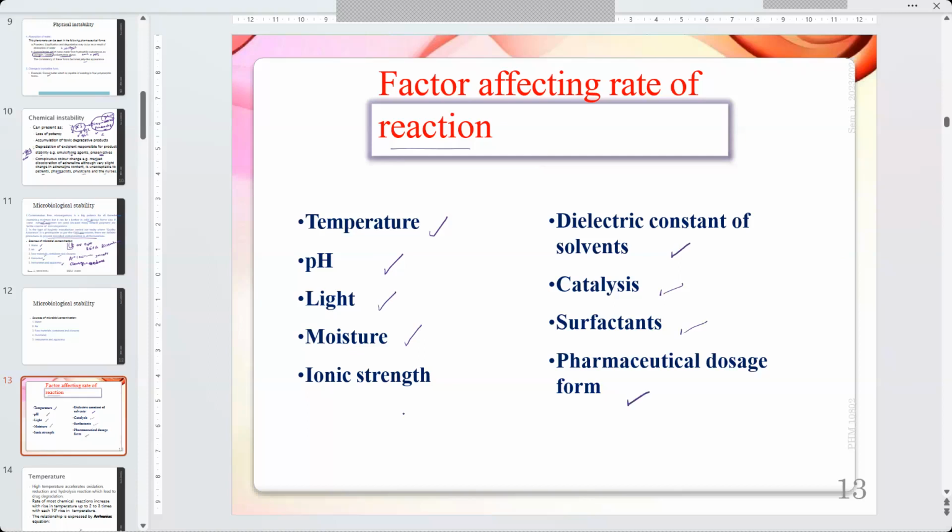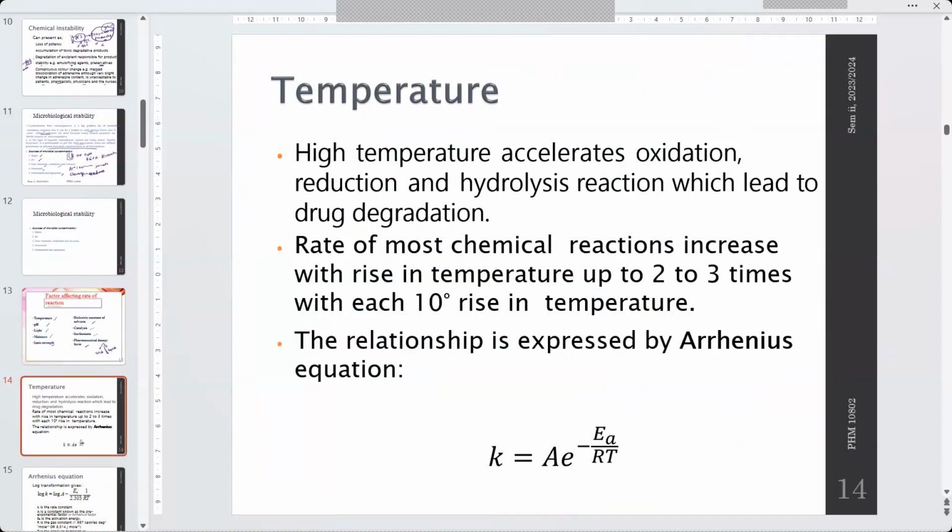Also the type of dosage form, whether it is solid or liquid, and for semi-solids like ointments, whether they contain water or don't, and the ionic strength. These factors that may affect the degradation of the drug should be studied, and then we should make the formulation in a form that can control these factors and lead to maximum stability of the drug products.